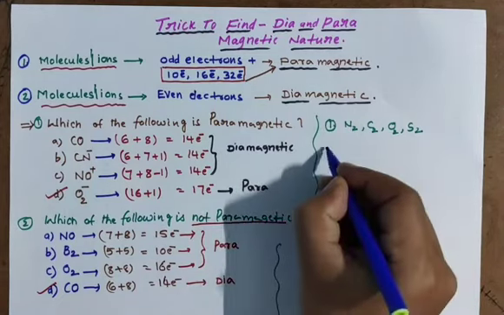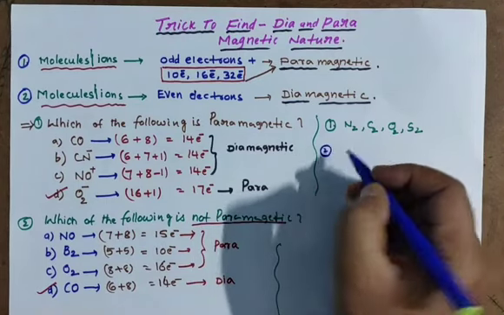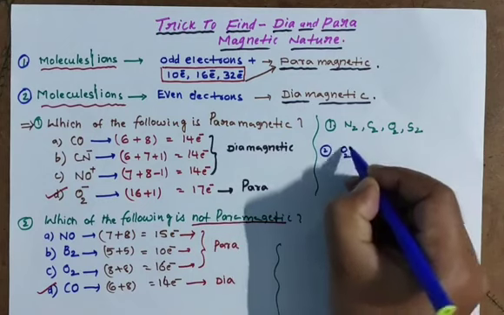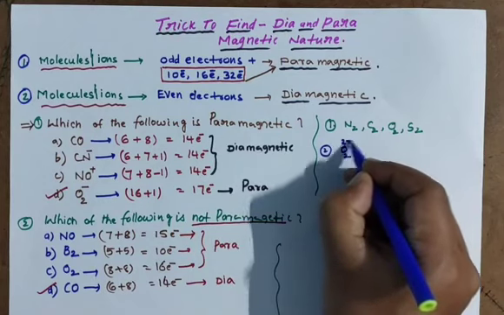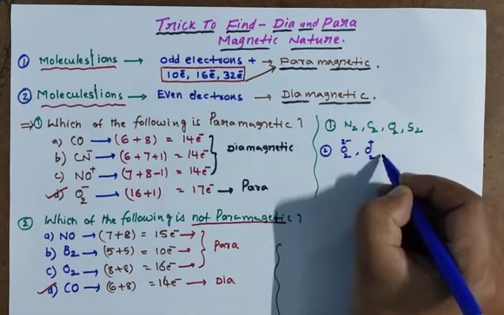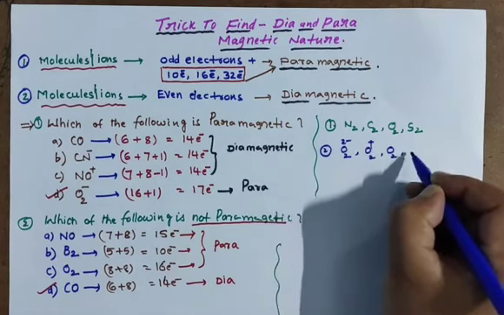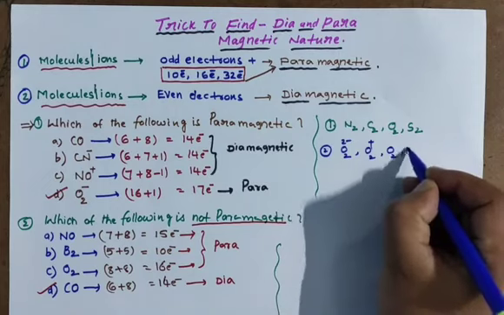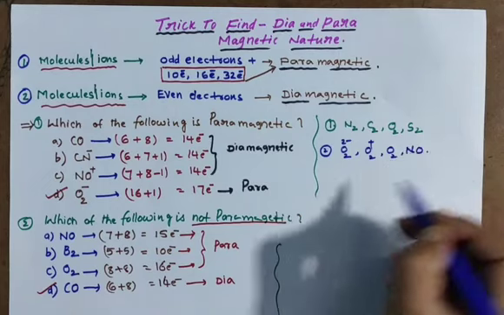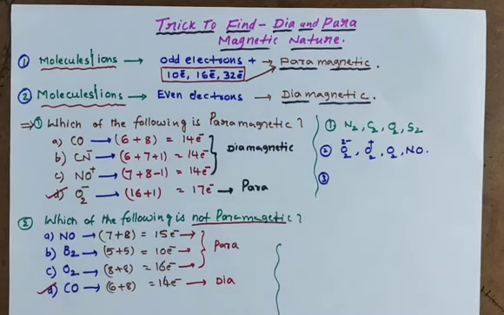Another question I am giving here: O2 2 minus, O2 plus, O2, and NO. This also you practice, which is dia and which is paramagnetic.